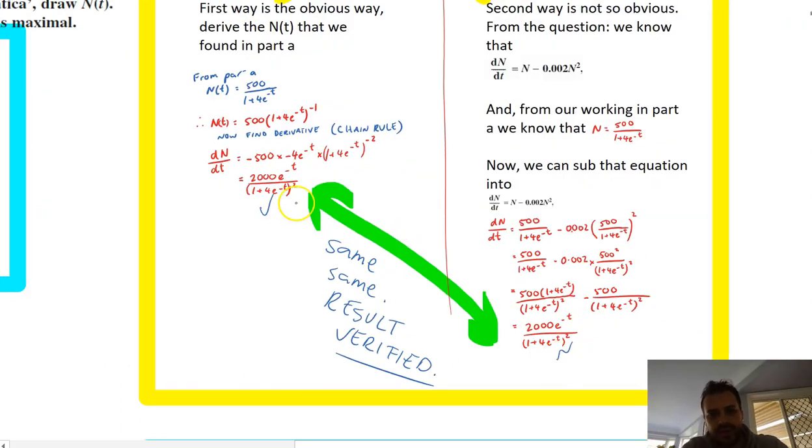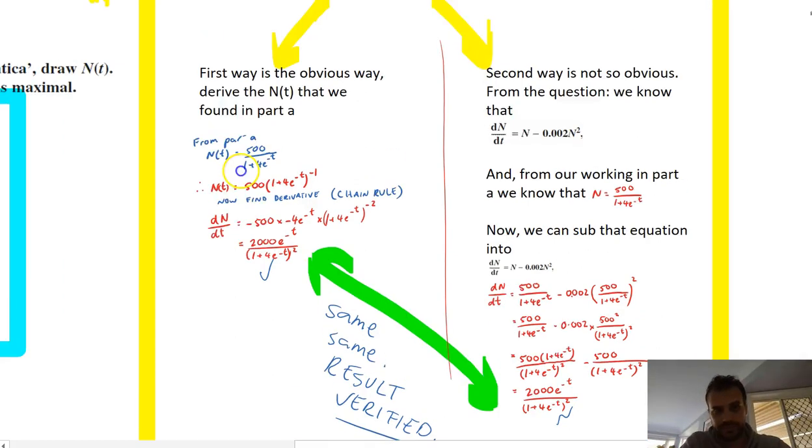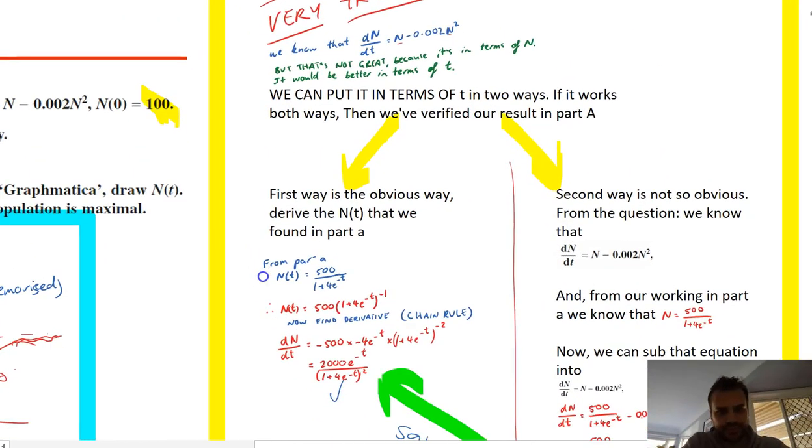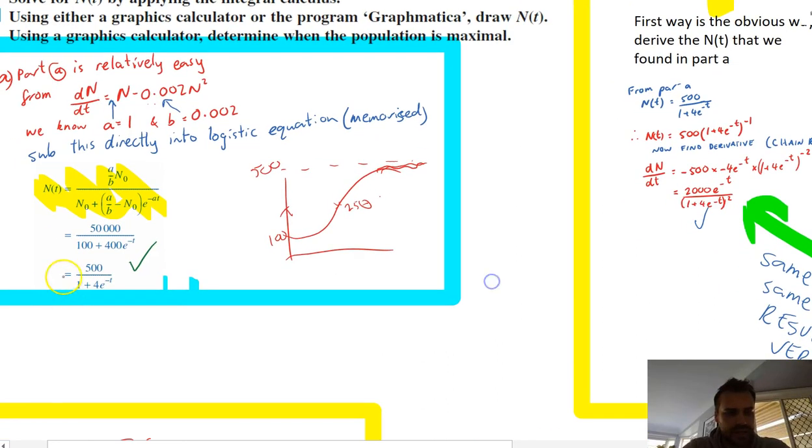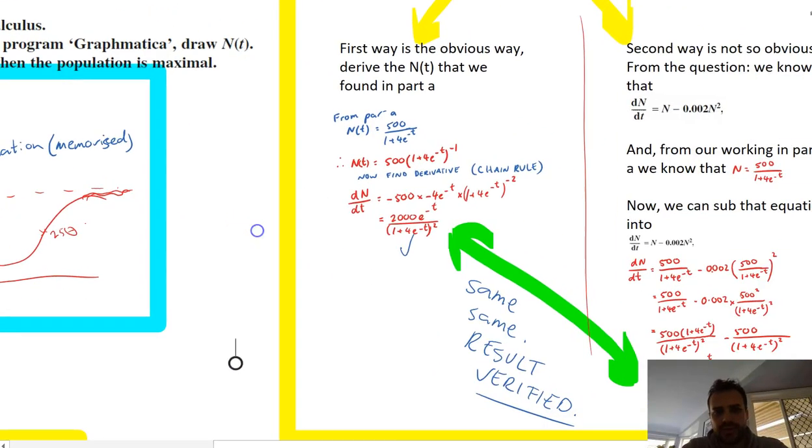So you can see I've got my two similar results, so I've verified using differentiation. All right, so first way is the obvious way, derive N(t) that we found in part A. So if I find the derivative of N(t), then I'll have the change in N with respect to t.